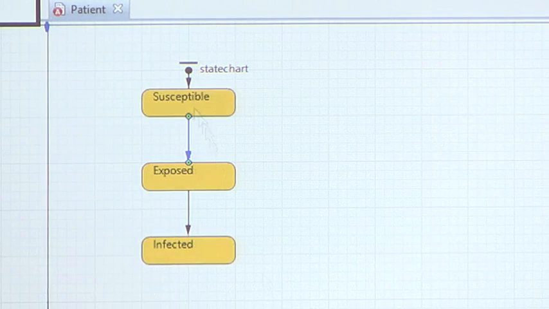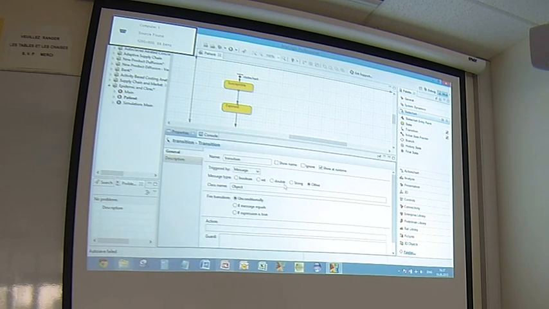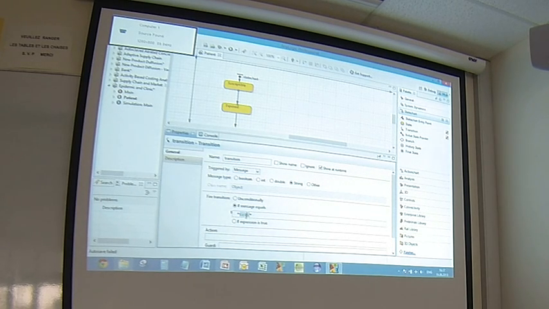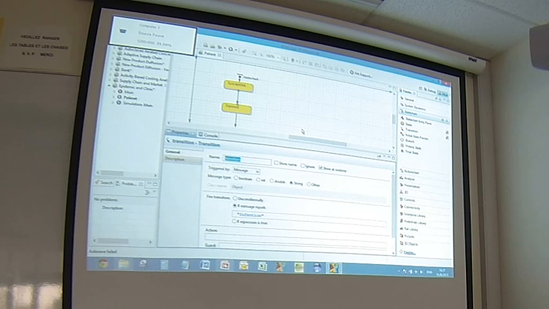So this transition is triggered by a message. And the message is just a simple string, infection. And we will call this transition infection.